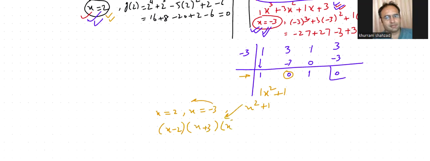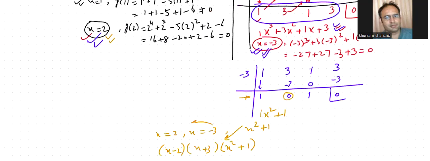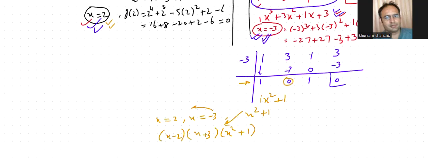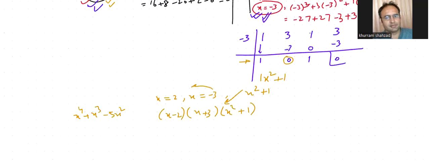So this is actually the factorization of the given polynomial, which is x raised to power 4 plus x cubed minus 5x squared plus x minus 6. If you multiply these factors with each other, you will get this polynomial.